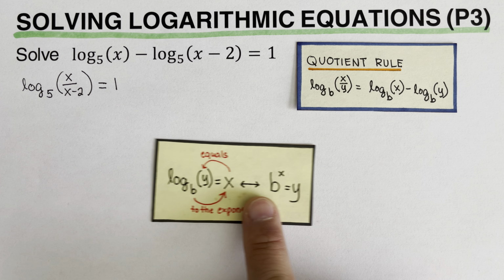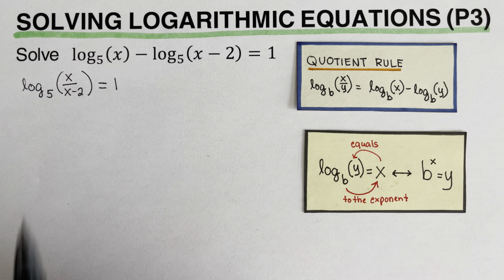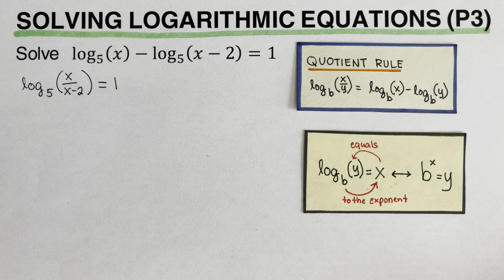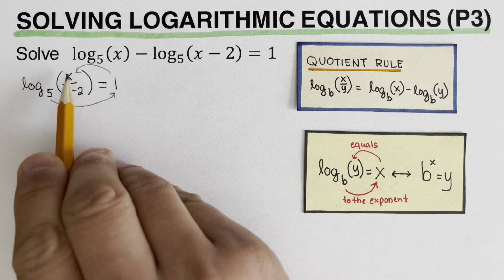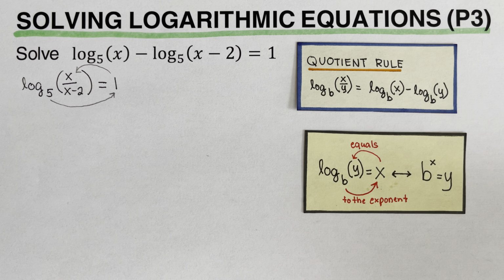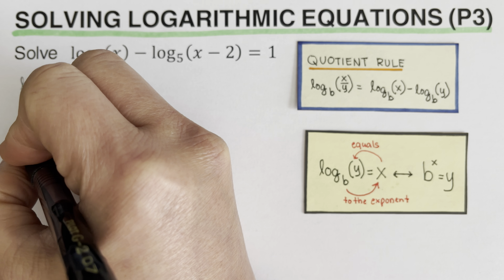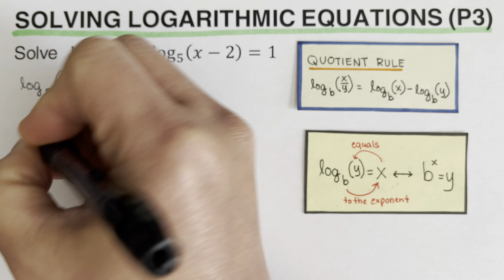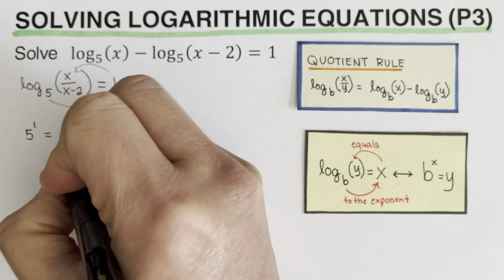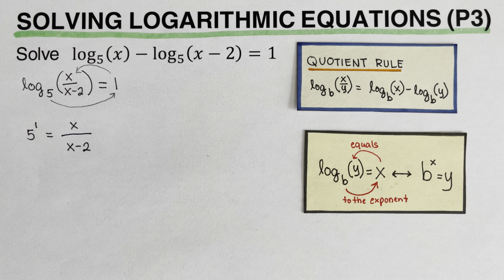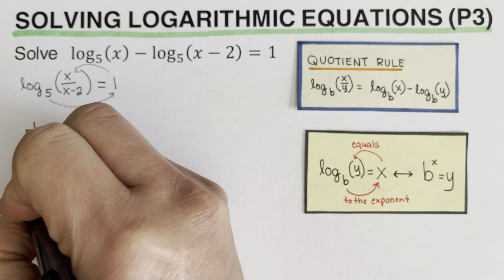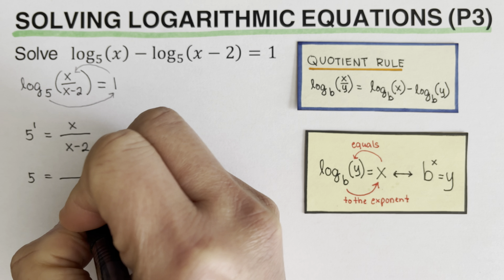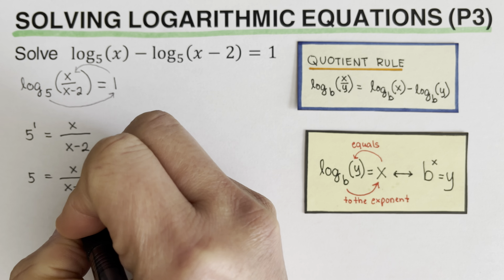So in this example, we can say 5 raised to the power 1 is actually equal to x over x minus 2. So we can rewrite that as... Then from here, we can simplify this. 5 to the first power is just 5, and that is equal to x over x minus 2.